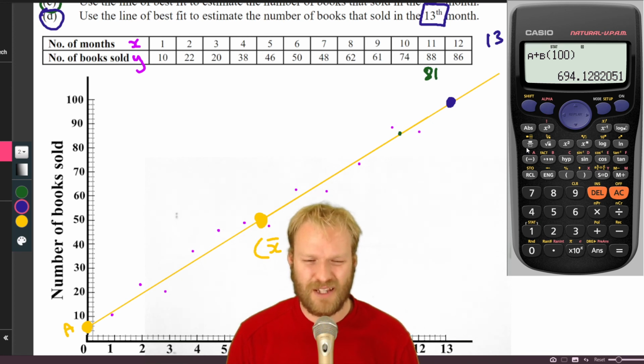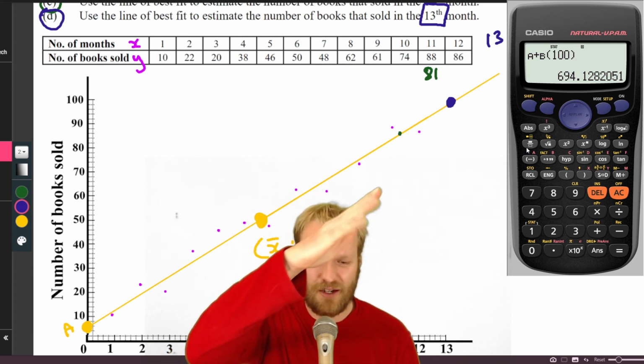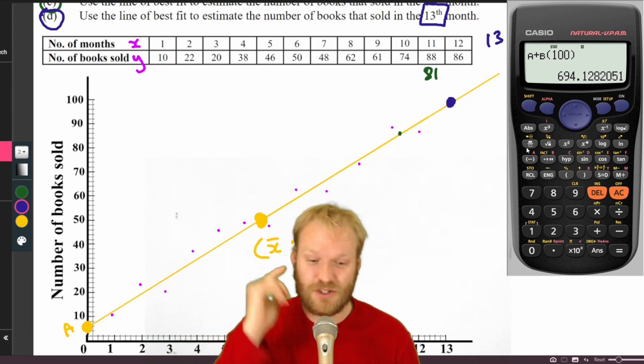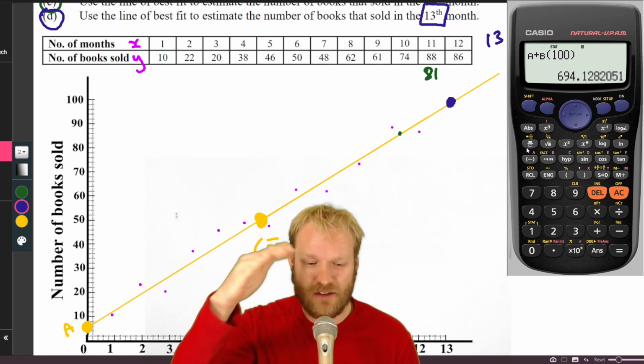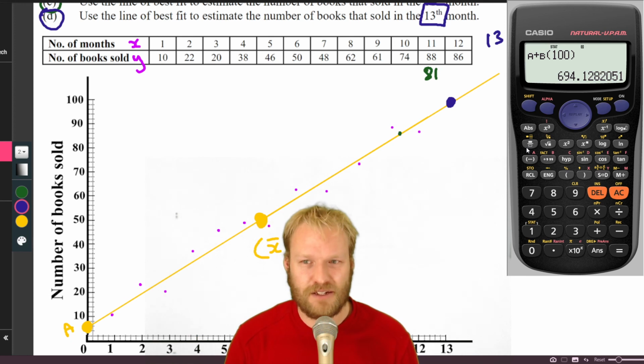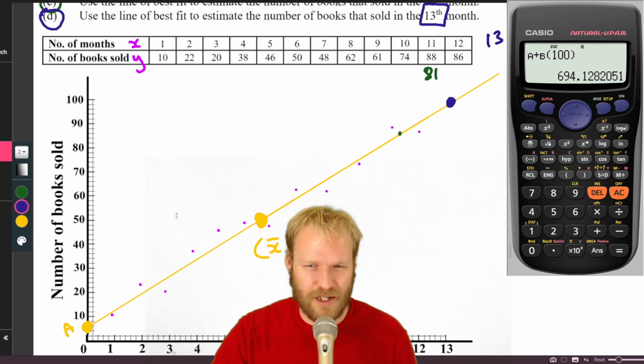But that's assuming that it continues going up and up. But there's every reason to say that this carried on the first year and then it flattened out after that. So obviously we just need to think when we extrapolate.